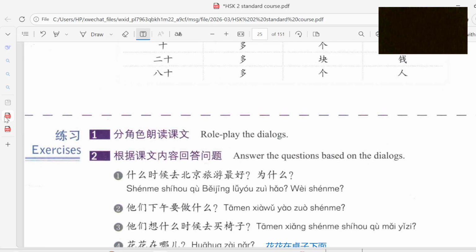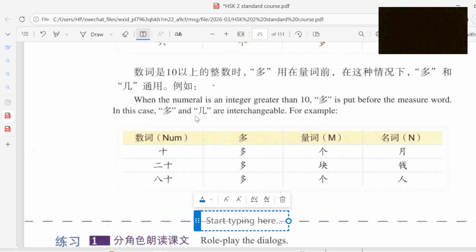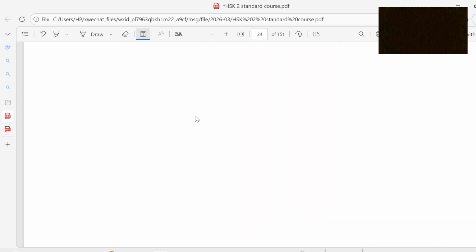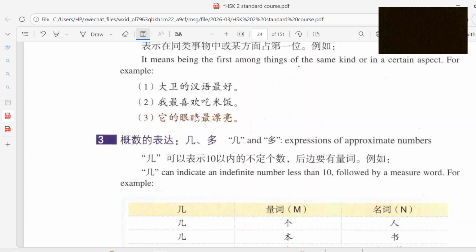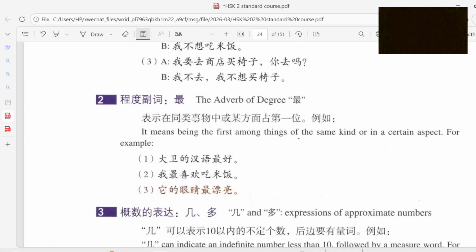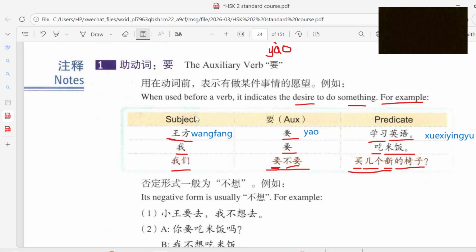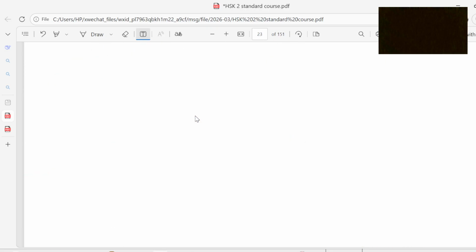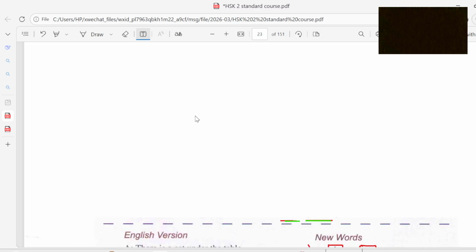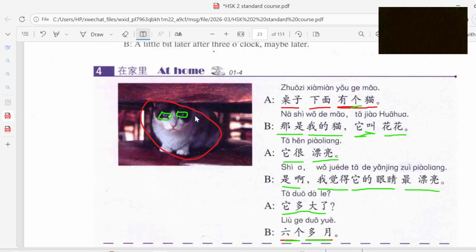HSK book 2, we covered the content in the very first chapter. We learned some new words like yao, ji, and so on. Mao, a cat.